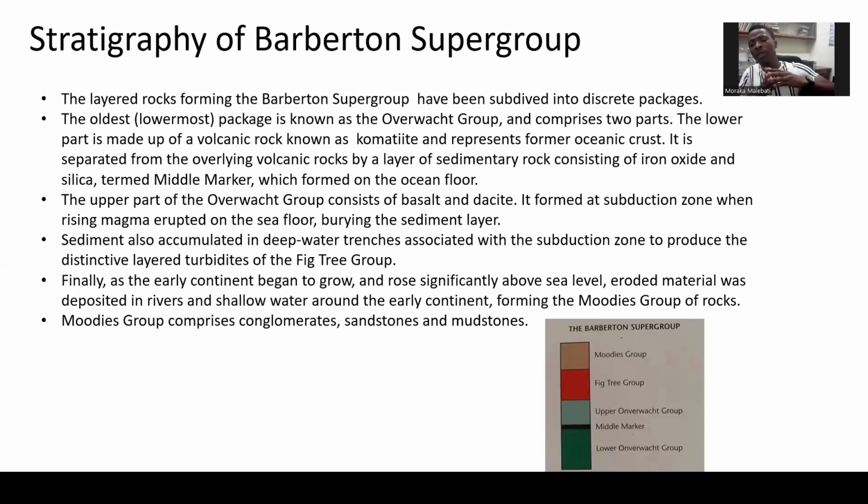So on top of the upper Onverwacht, we've got the Fig Tree group rocks, which are occurring within the trenches, a deeper part of the ocean known as the trenches. So we find rocks such as turbidites and greywackes. These rocks are highly unsorted. And why are they unsorted?